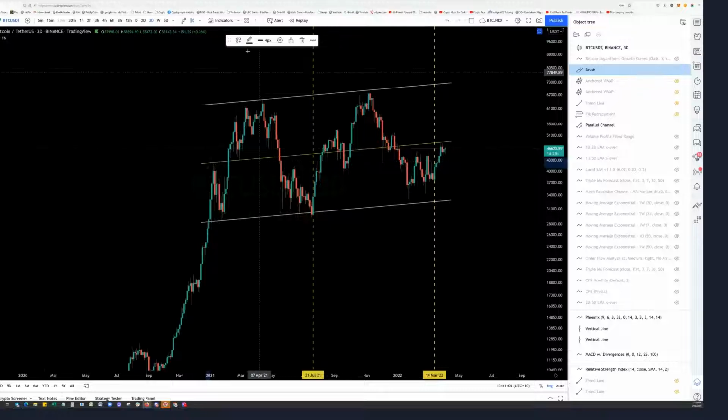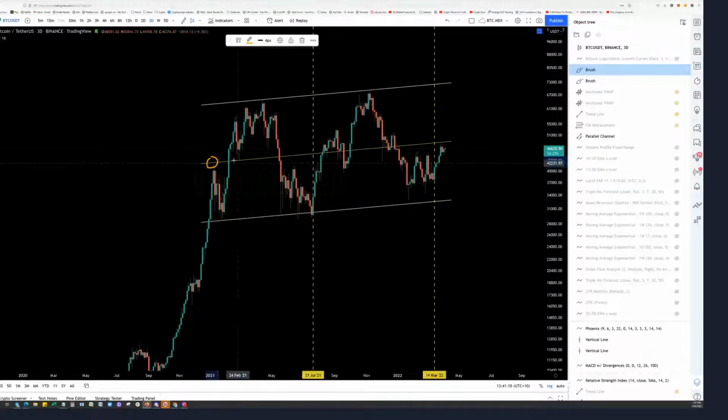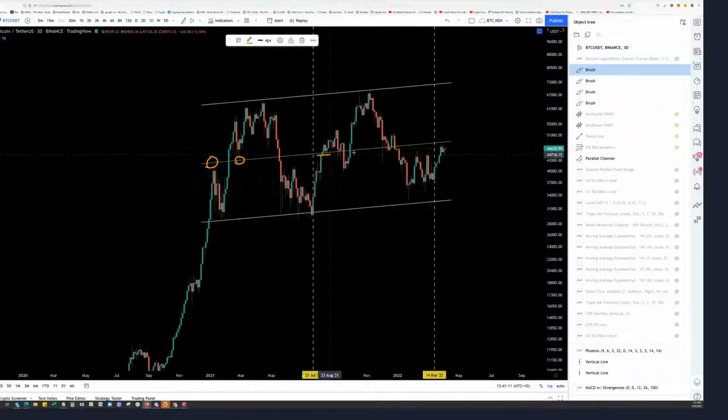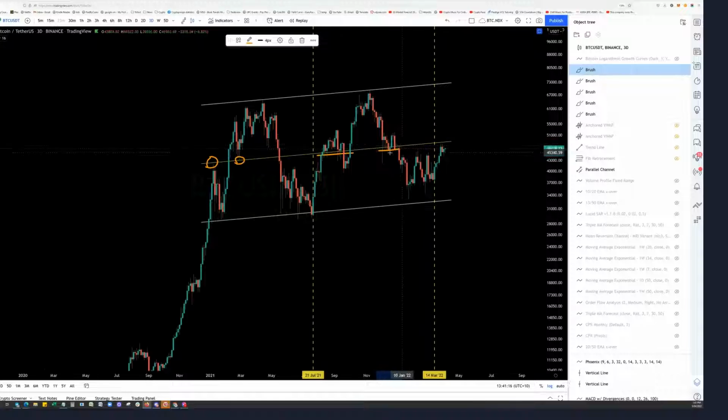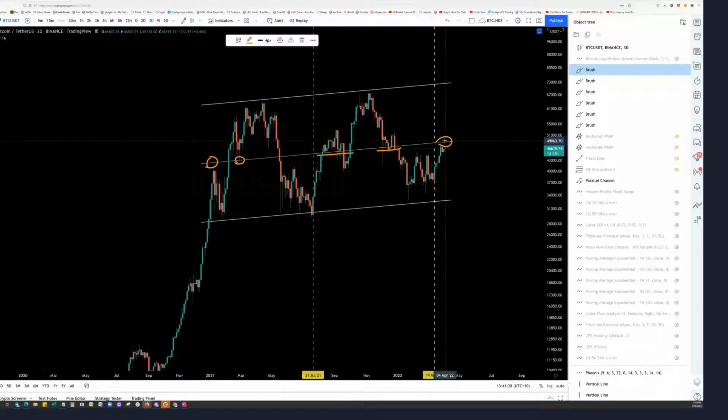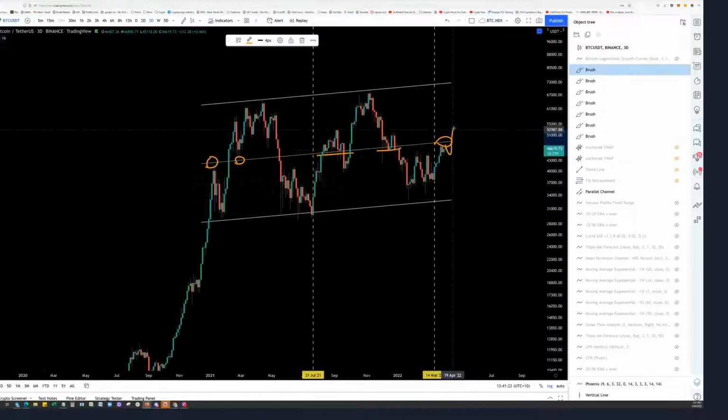So, okay, let me do that. Resistance, support, support, and resistance. Pretty much roughly in the middle of the channel. So we also like to see this break above and continue on. So that is a nice way of looking at it.